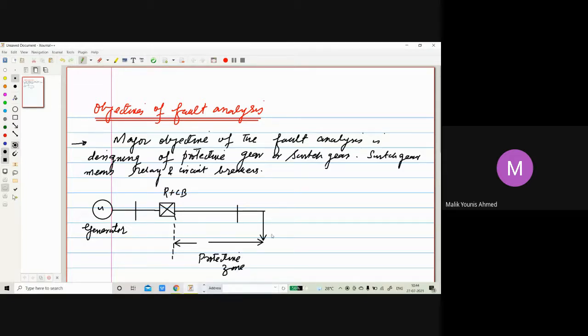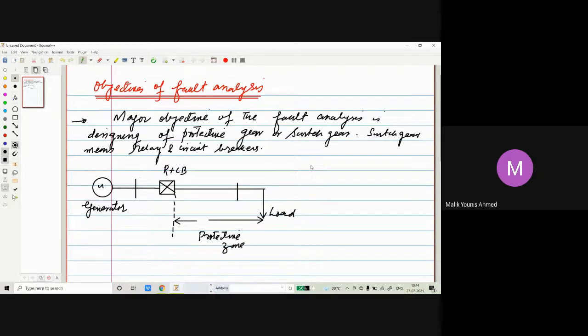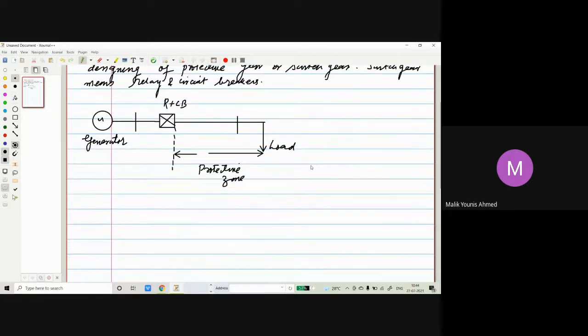And this is your load. So this is a small schematic showing a generator plus relay and circuit breaker with two bus bars, and then we have a protective zone up to the load.